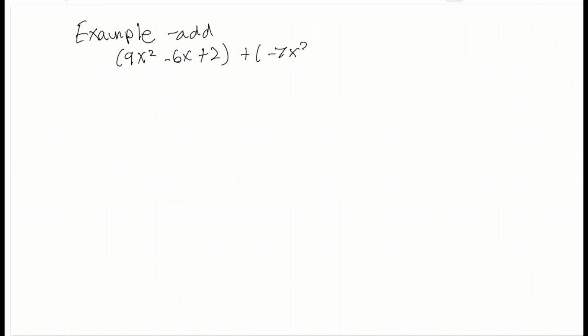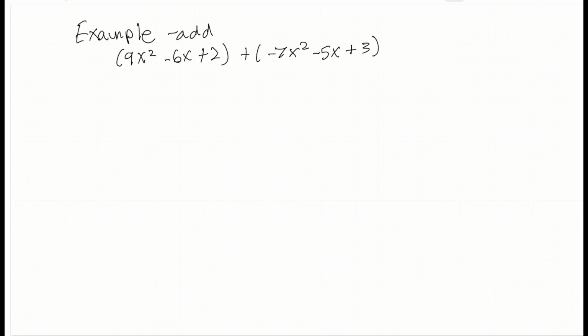So now let's do an example of addition. So the first is going to be adding polynomials. So we've got 9x squared minus 6x plus 2. We're going to add it to the second polynomial, which is going to be minus 7x squared minus 5x plus 3.